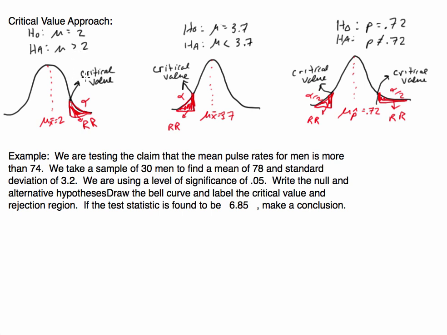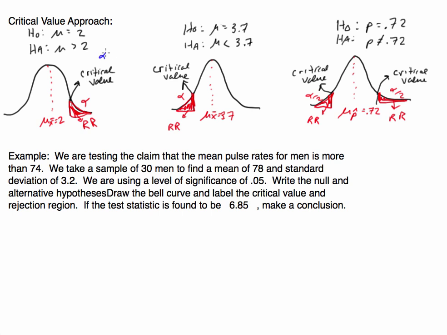Well, that's where the critical value comes in. The critical value is going to be a z-score if we're talking about a population proportion, or a t-score if we're talking about a mean, that separates what's called the rejection region from the fail to reject region. Let's say in this example that we wanted to have a level of significance of 0.05.